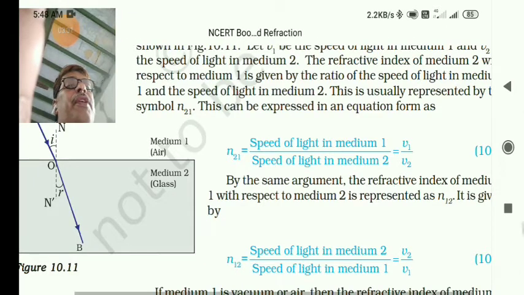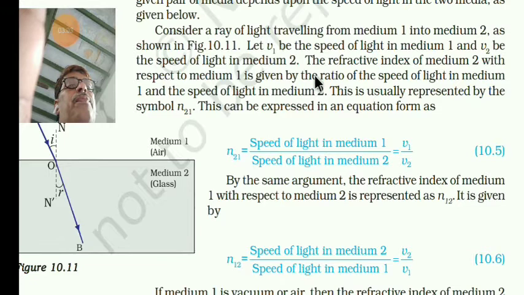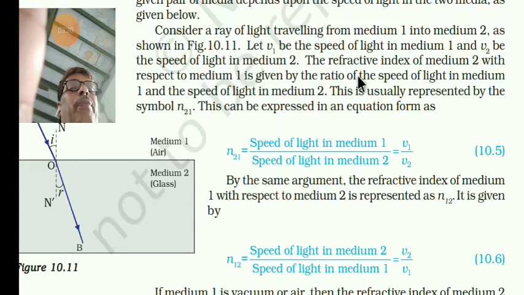The refractive index of medium 2 with respect to medium 1 is given by the ratio of the speed of the light in medium 1 and the speed of the light in medium 2.